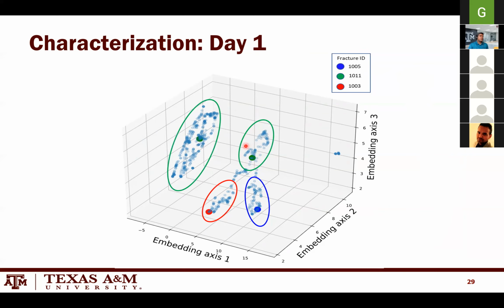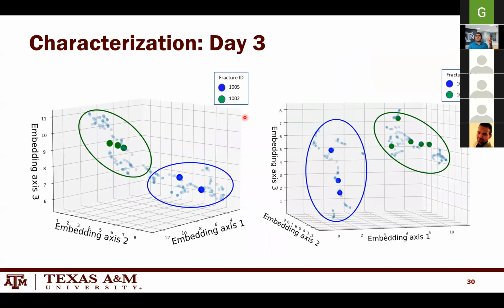Now, this is day one data. In day one data, what we are claiming is that these two groups were separate. Lawrence Berkeley's fracture IDs were obtained after 3 days of stimulation. So after 3 days of stimulation, these groups must have gotten connected. That's why they have the same fracture ID.